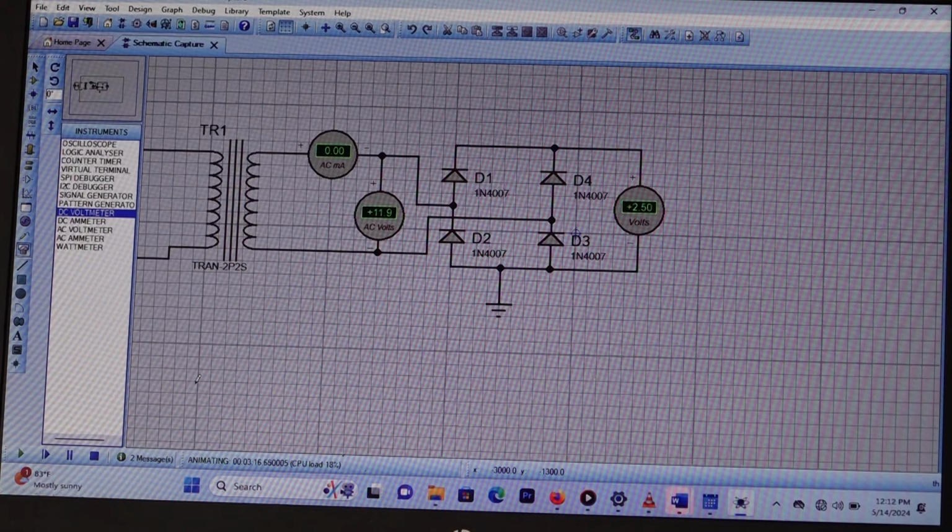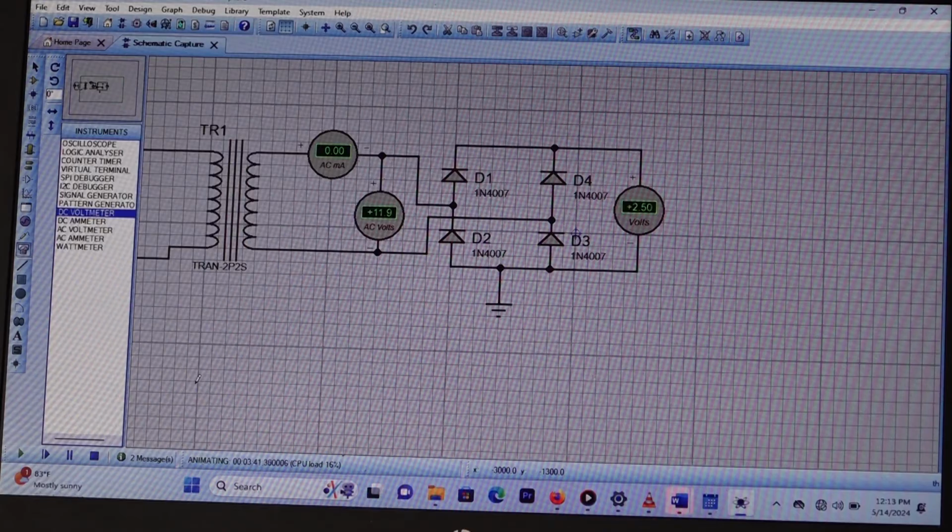So at the output of this bridge rectifier, we expected theoretically to measure 15.57 volts. But there we measured 2.51 volts. What happened? And that's the importance of theory. Theoretically, across those diodes, we have a potential drop of 1.4.